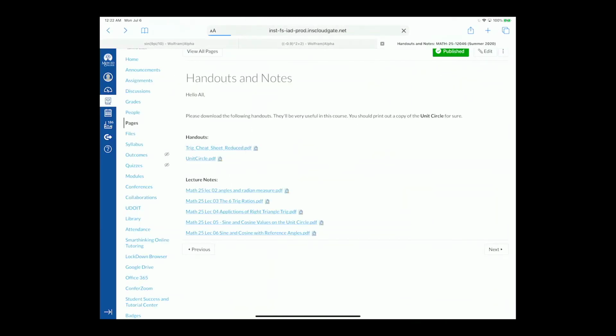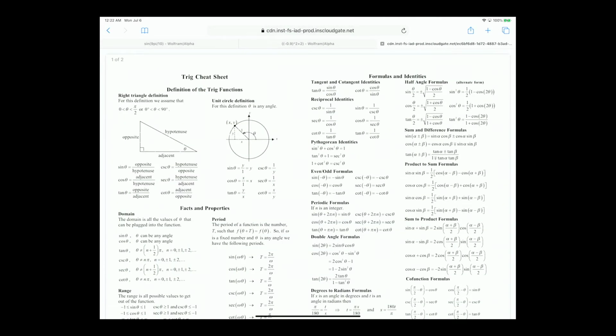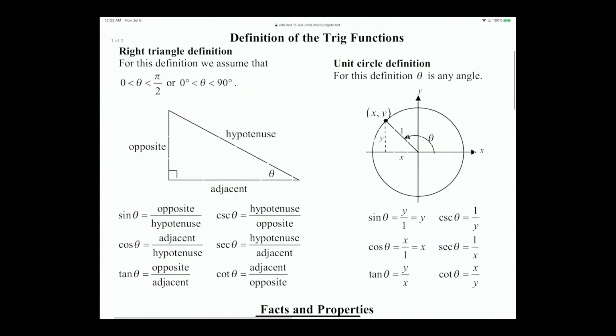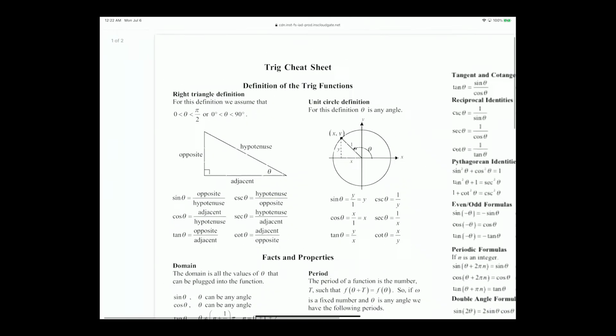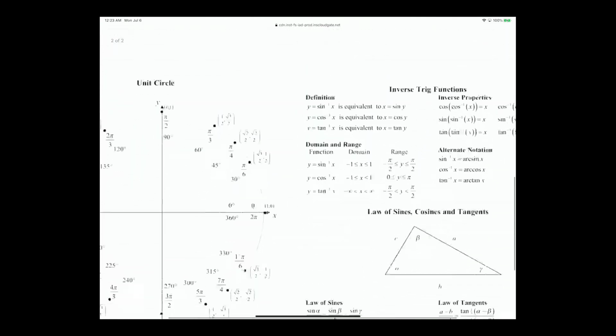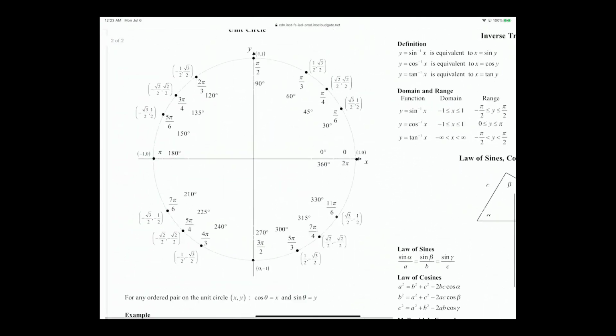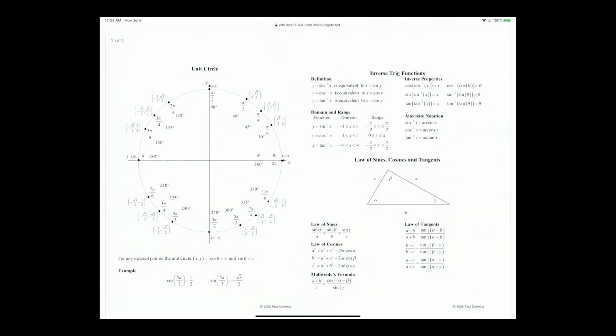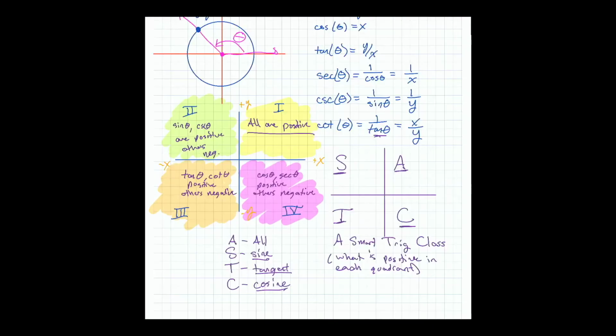In your cheat sheet, which I haven't mentioned, but I suggested that you download it, full of formulas, none of which we understand yet, but it does have the right triangle definition and the unit circle definition of the trig functions, which you do need, and lots of stuff that we don't need to know yet. But it has another copy of the unit circle if you want it. All right, so those are handouts that are available to you.